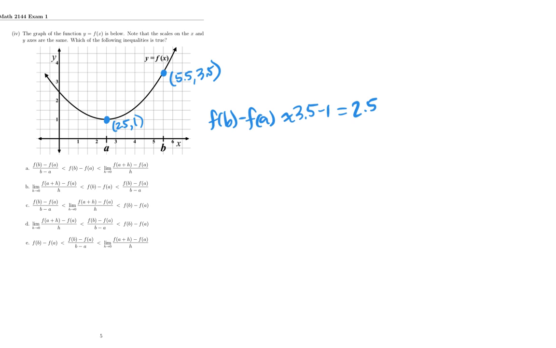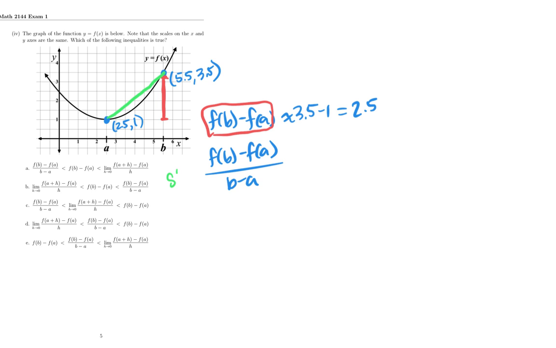Okay. If I did f of b minus f of a over b minus a, so f of b minus f of a is just this change in height here. It's this change in the y value. So that's what this is. F of b minus f of a over b minus a is going to be the slope of this line.